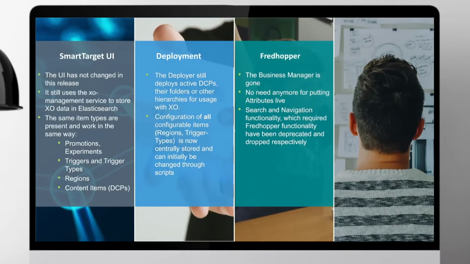We don't have an actual need anymore to put attributes live or not live. However, we also offered some Fredhopper functionality like search and navigation, which is also not there anymore.